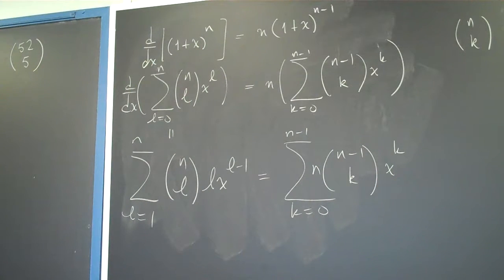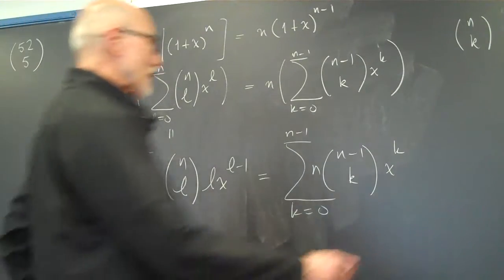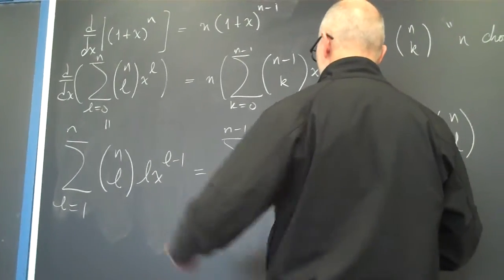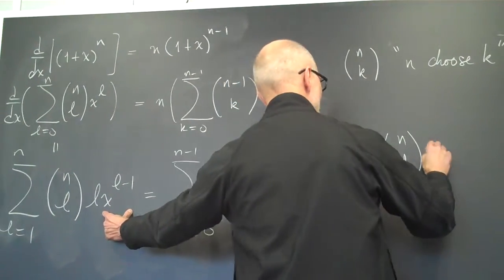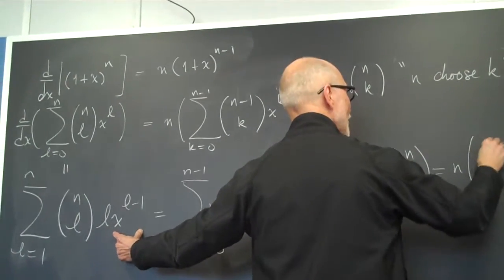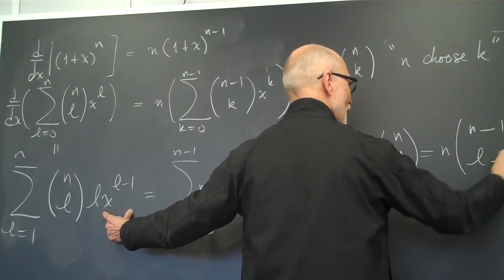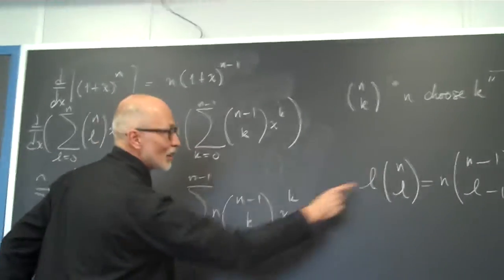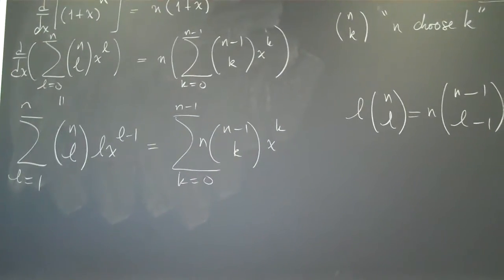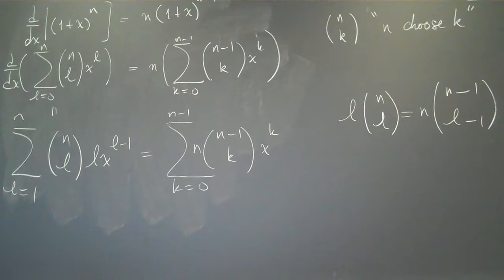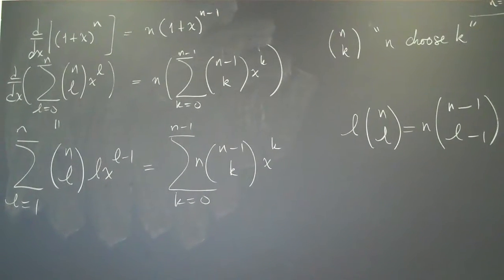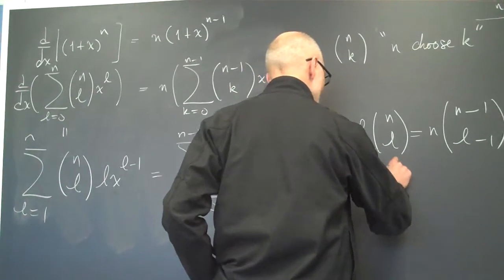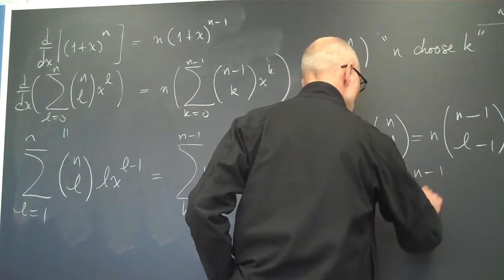So we're going to set the coefficients equal. And I think that's going to give me L times n choose L, the coefficient of x to the L minus 1, equals n times n minus 1 choose L minus 1. So that gives me a conclusion. I have an identity, right? In particular, I could write this as n choose L is n over L times n minus 1 choose L minus 1.